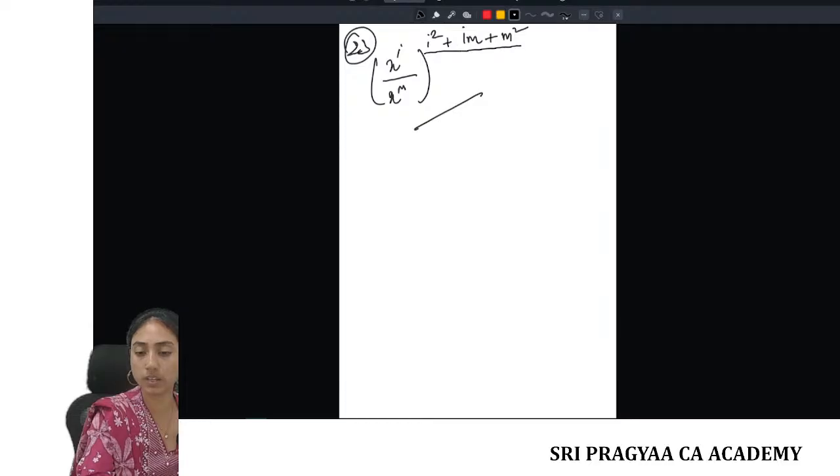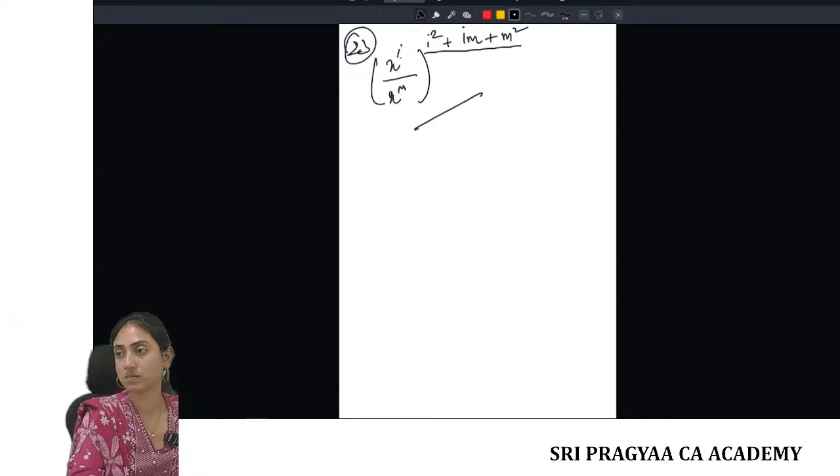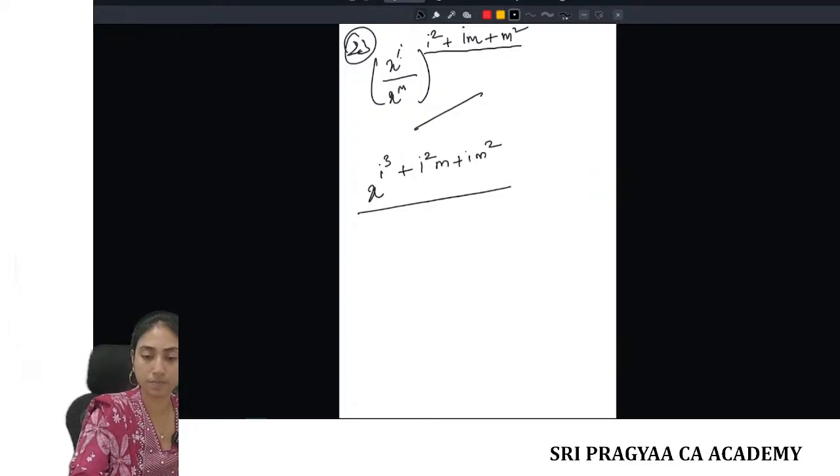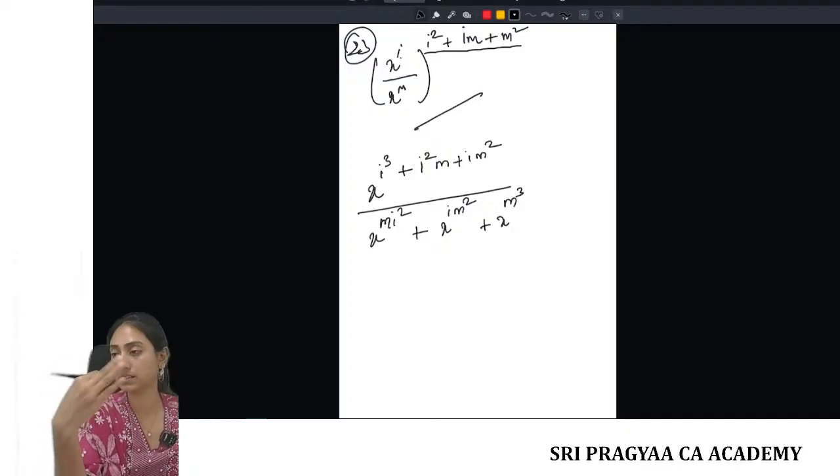The whole thing has to be multiplied with I, divided by m squared. This is the first term. Similarly, the second and third terms too.